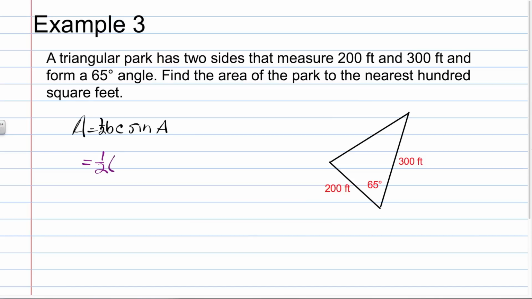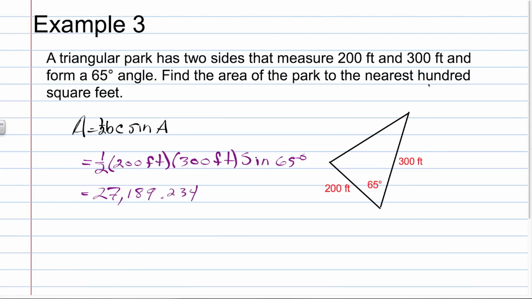So we have 1/2 times 200 feet times 300 feet times the sine of 65 degrees. This amounts to a calculator problem. When you enter this into your calculator, it comes out to be a decimal number, 27,189.234, rounded.